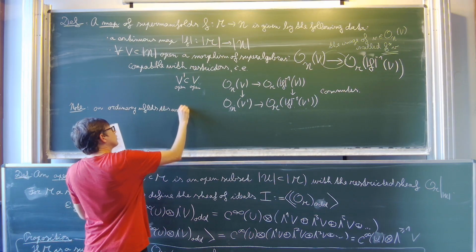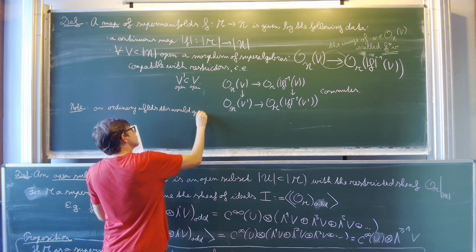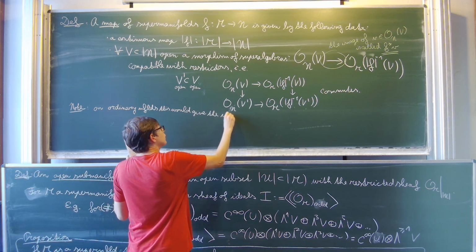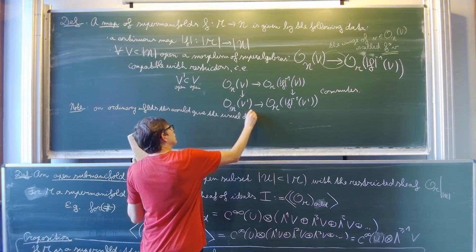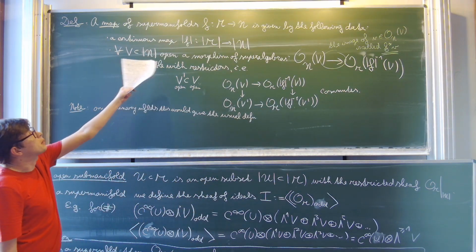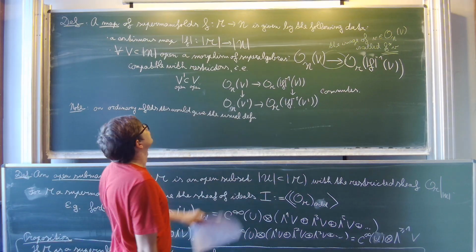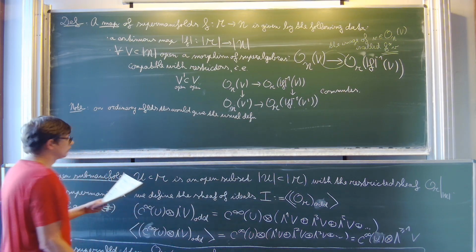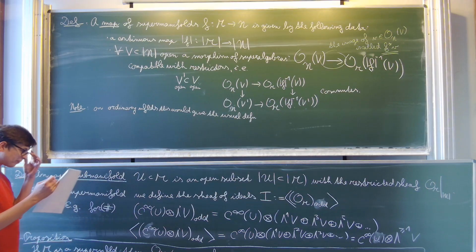This should give just the usual definition of maps, where this thing would be a map of manifolds, and this thing would be, well, anyway, it should reduce down. Let's not go into details.